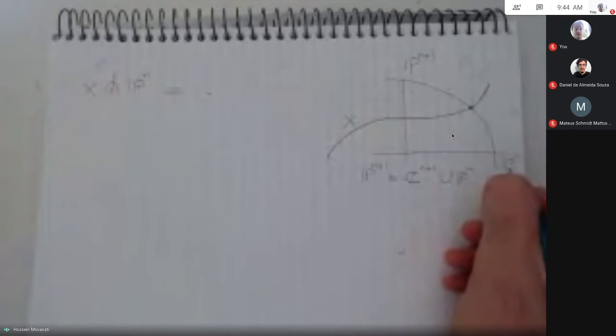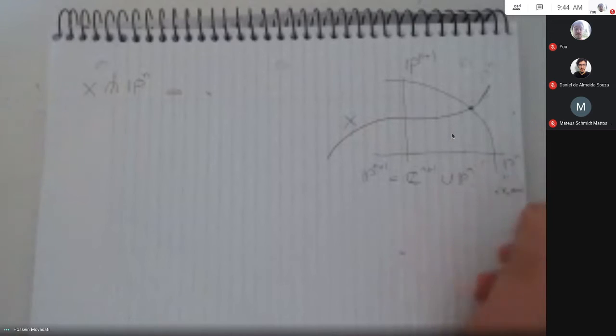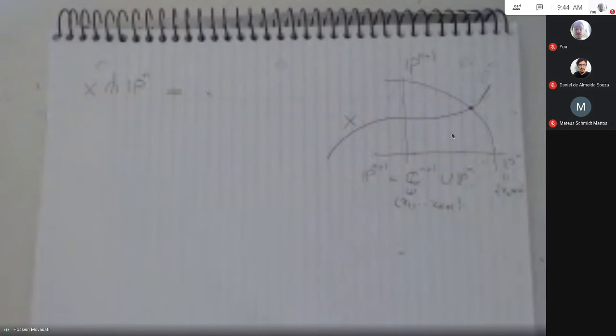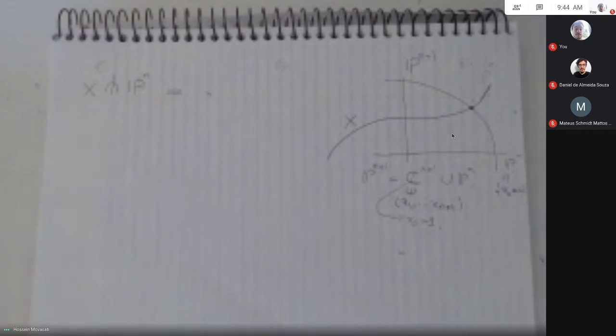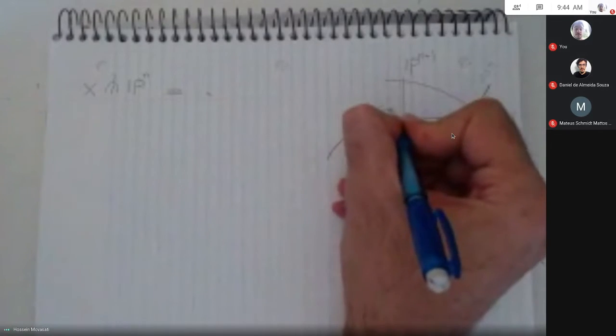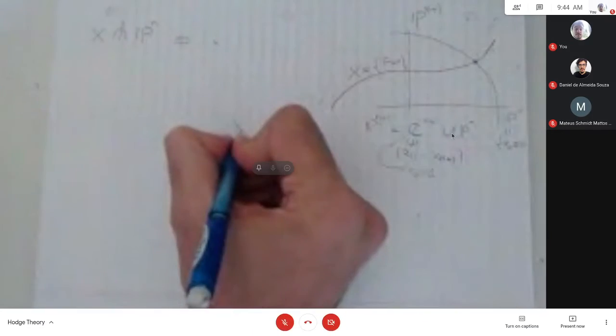I will assume that P^n is given by x0 equal to 0. So at the end the coordinates here are x1 up to x_{n+1}, because x0 is already put equal to 1. So in some sense, this is the x0 equal to 1 affine chart. Okay, what else? I use the capital letter F equal to 0, but here I will need a small letter. So x.